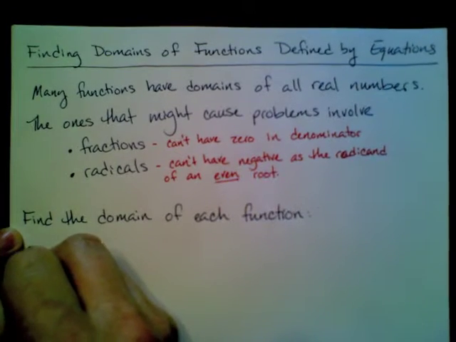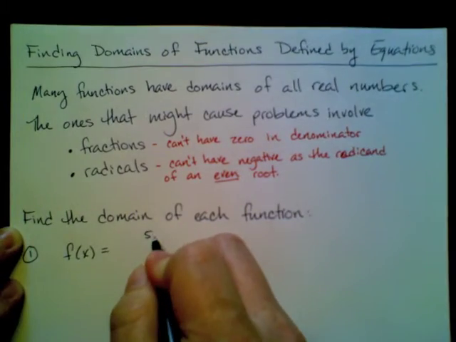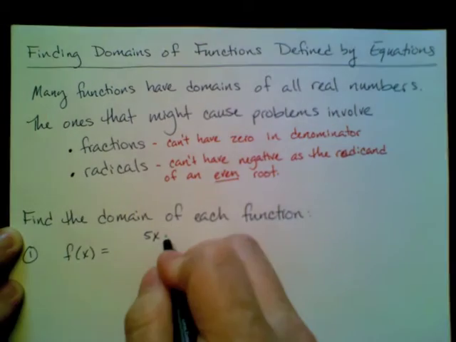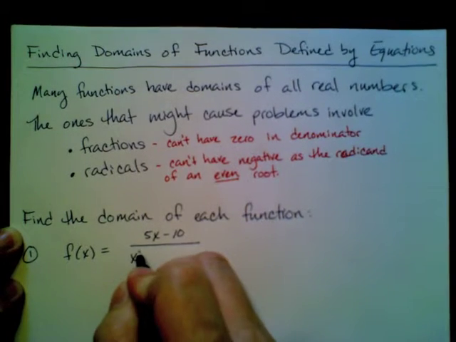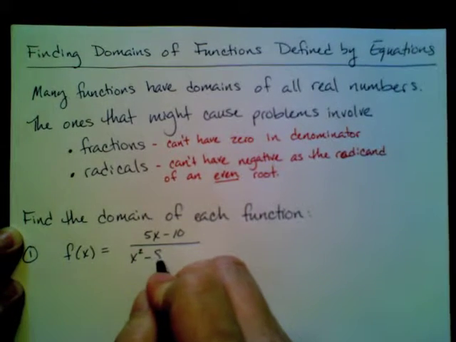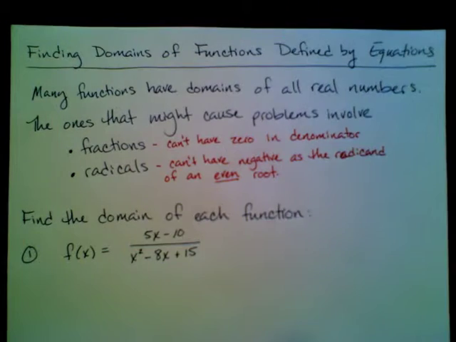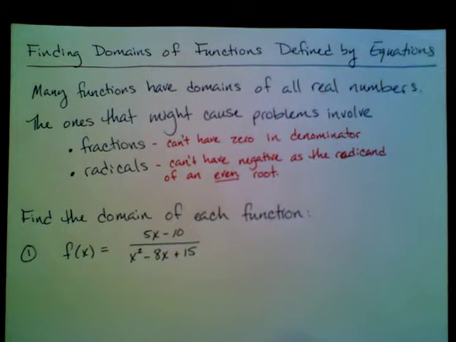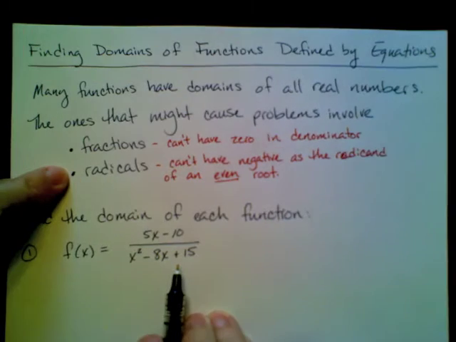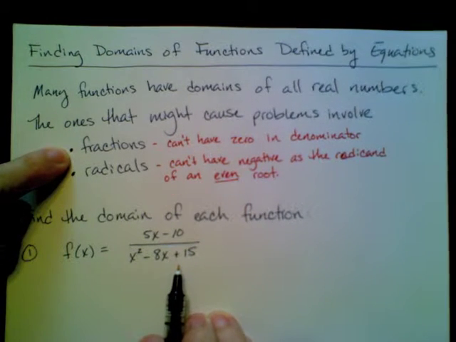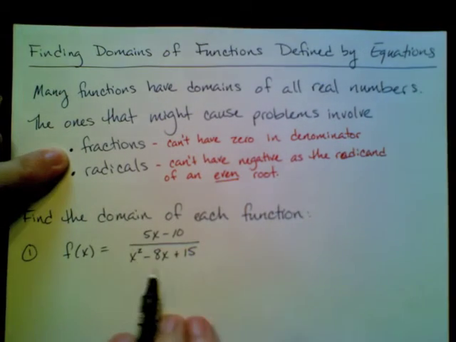And the first function that we're going to start with is f of x equals 5x minus 10 over x squared minus 8x plus 15. So here is our function. The radical issue doesn't apply. All I have to think about is the fraction, and all I have to think about is the domain of this fraction.